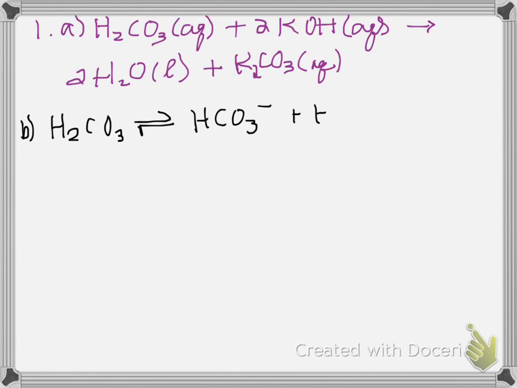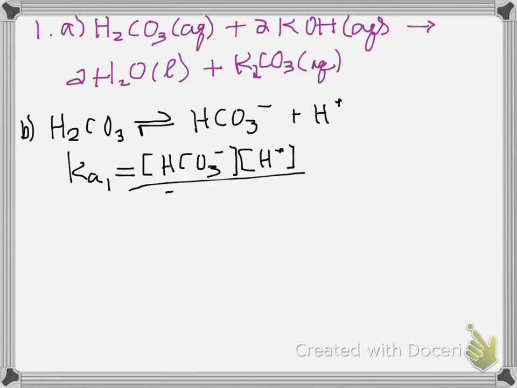So there's our reaction. And so the Ka for this would be Ka1, the loss of the first proton, which would be HCO3 minus times H plus divided by H2CO3.